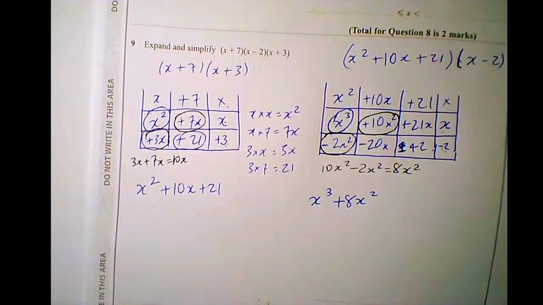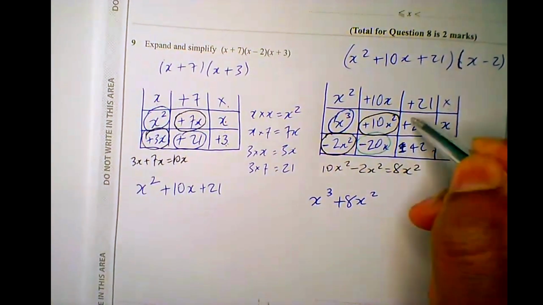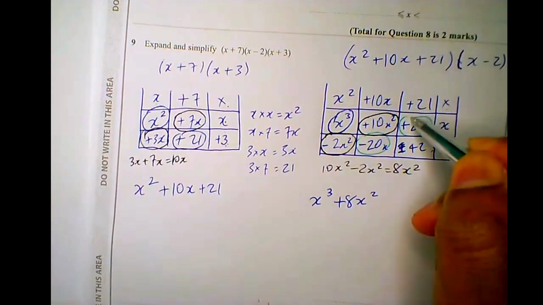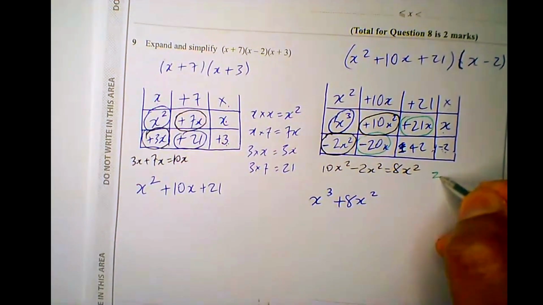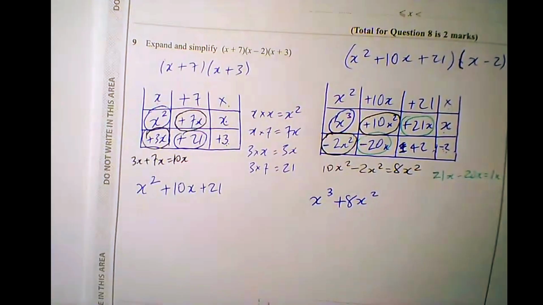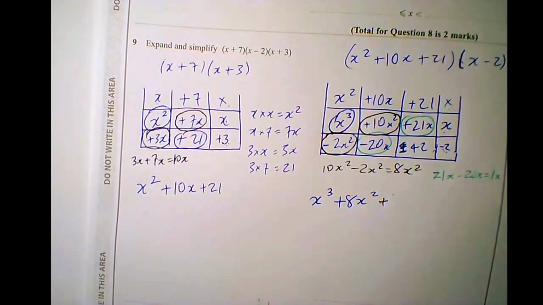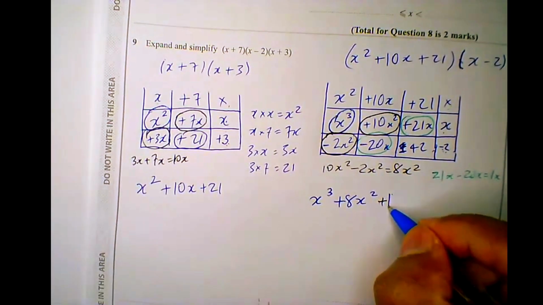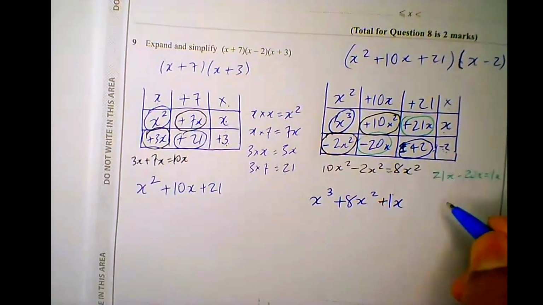And then I'm going to have my x term. So this is minus 20x plus 21x. And so 21x minus 20x gives me 1x. So I can write x by itself or 1x. It doesn't really matter. I'm going to write plus 1x. And then I've got my last term here, which is minus 42.